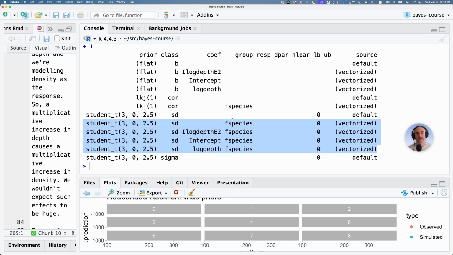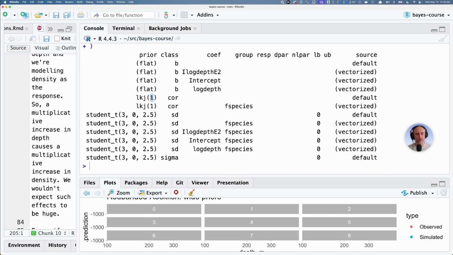So we've got a spread of our intercept, the squared term, and the slope term on depth. And then we've also got a correlation term here, and you can see the default is that LKJ prior that I mentioned in the first or second week, which is a common prior for correlations. So it's bounded between -1 and +1.